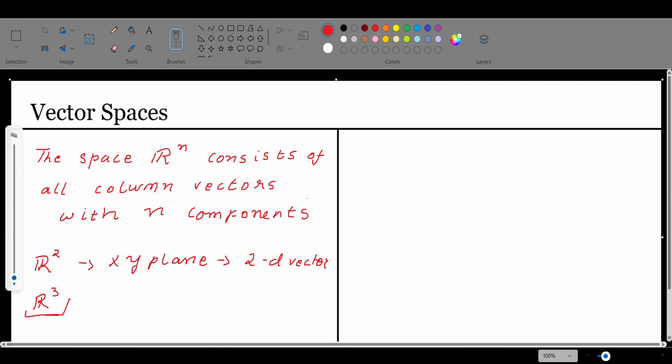Therefore, in a later concept, you'll understand that whenever you add any two vectors in a vector space, their sum should also be a part of the same vector space.